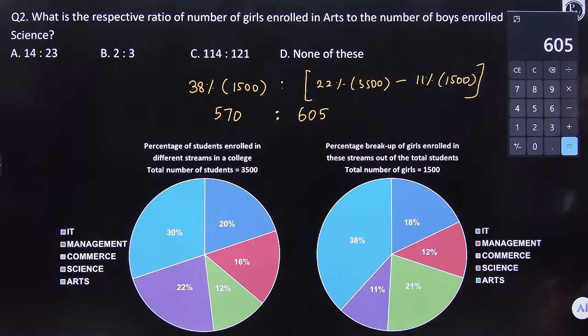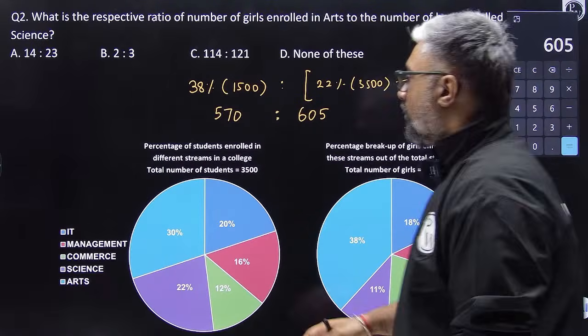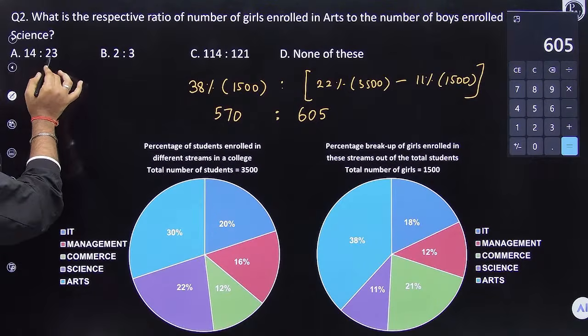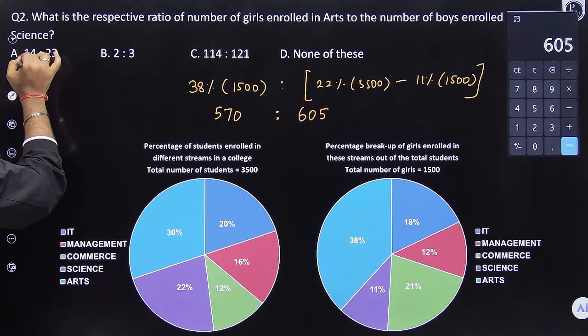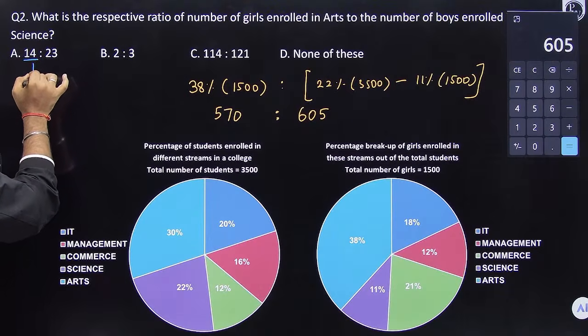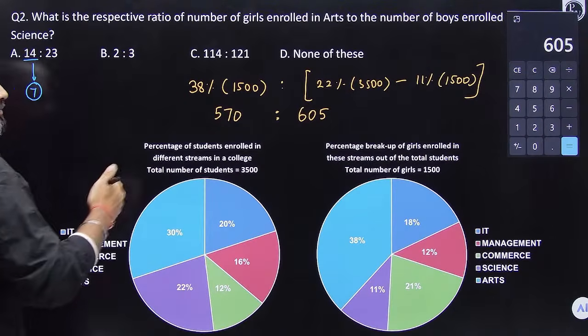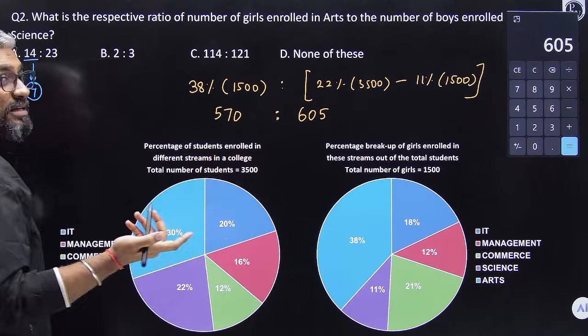Got it? Now tell me which one of these match. A quick way to check would be with the options. See, 14 is to 23. A number like 14 is divisible by 7, so this number should technically be divisible by 7.